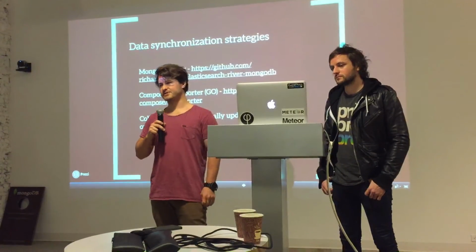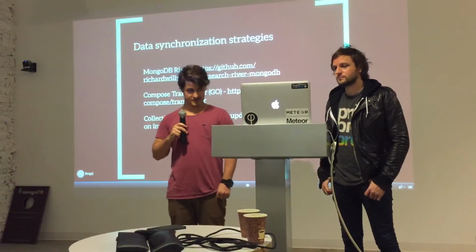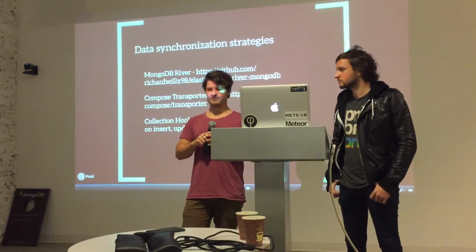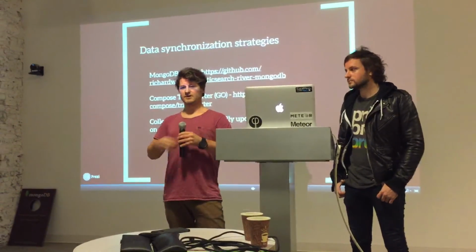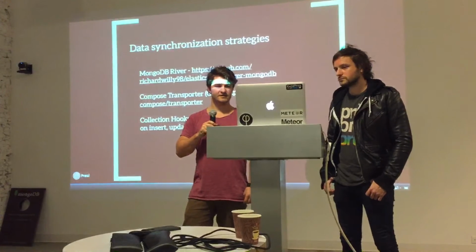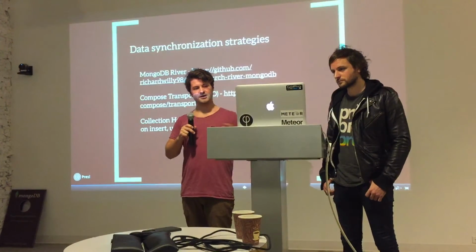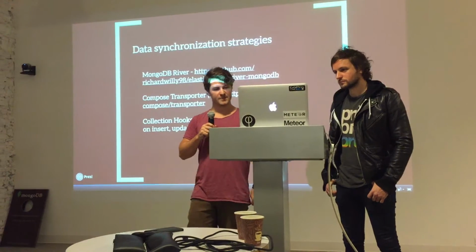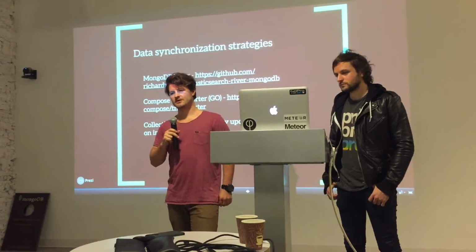I've used this pretty extensively. The best use case for this river is, in my mind, a one-off. So if you want to river a collection over, it works really well. But if you're maintaining the synchronization for long periods of time, the river might not be your most robust way to synchronize your data.